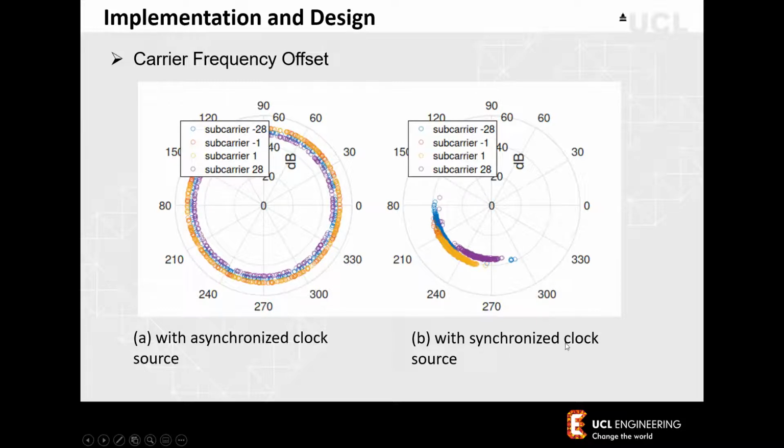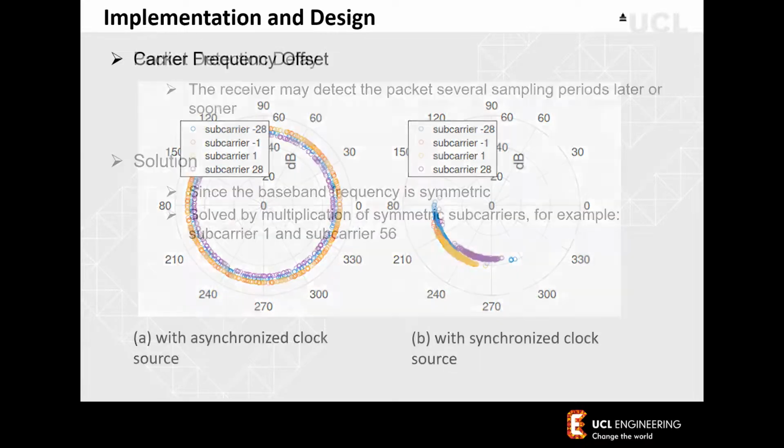When we use the same clock source, they are more closely grouped in one area, although they still have quite a bit of variation, because they also have other phase errors rather than just the CFO. So there are other sources of phase errors.